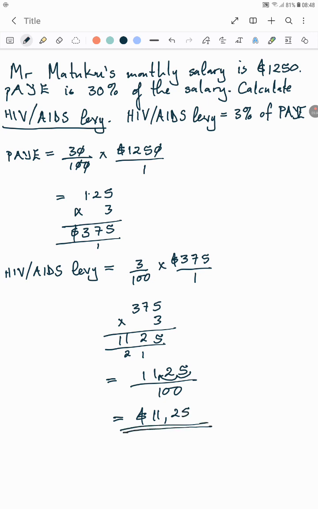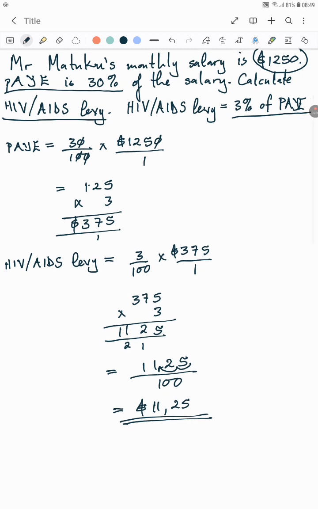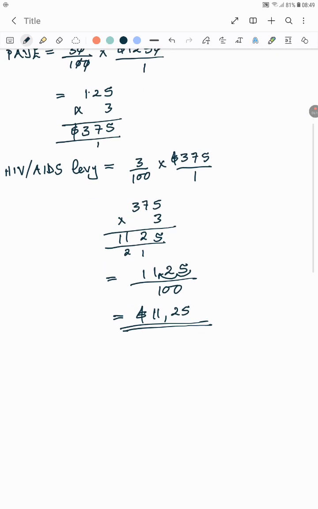So Mr. Matuku is earning 1,250 and paying 30% PAYE, and 3% of PAYE also goes towards the AIDS levy, which means he's contributing $11.25 towards the HIV AIDS levy. We're going to look at another example.